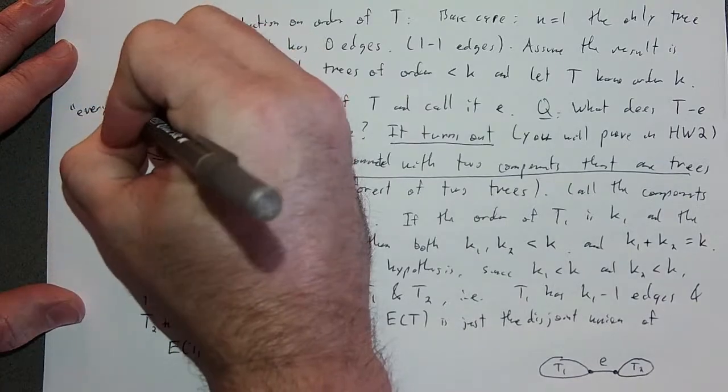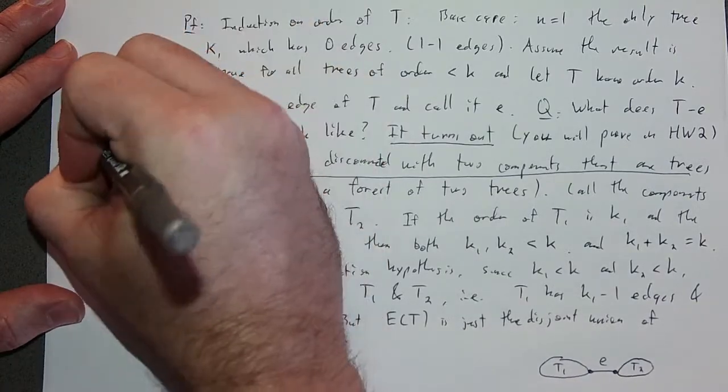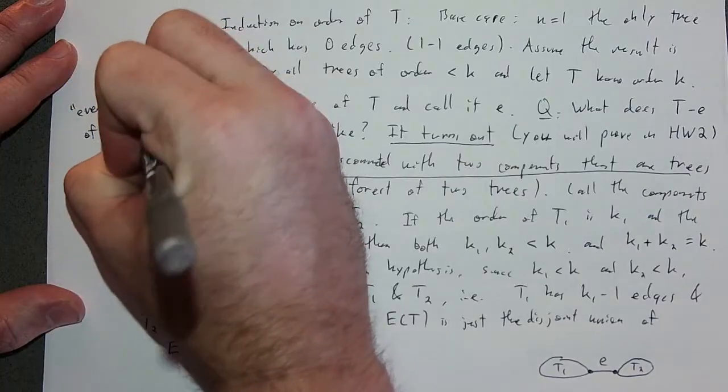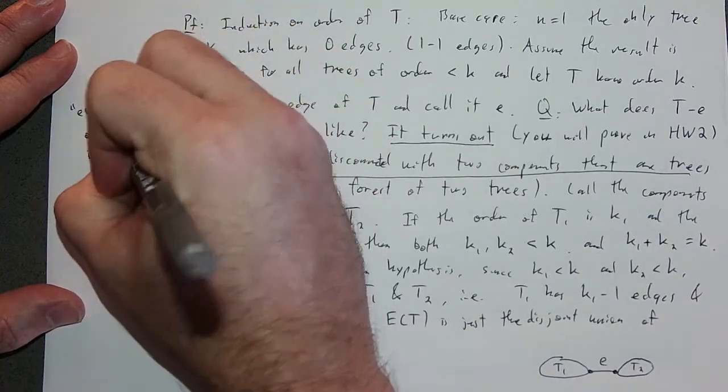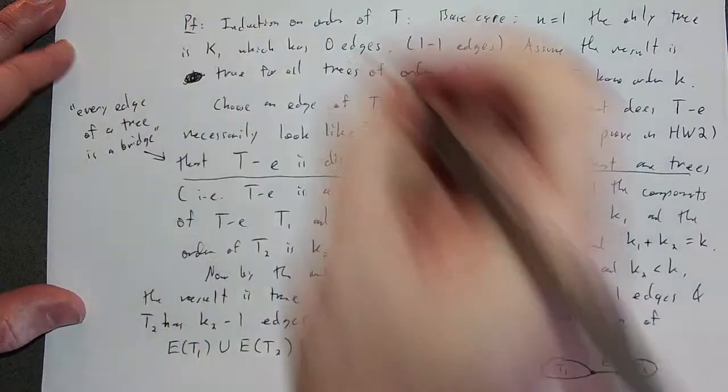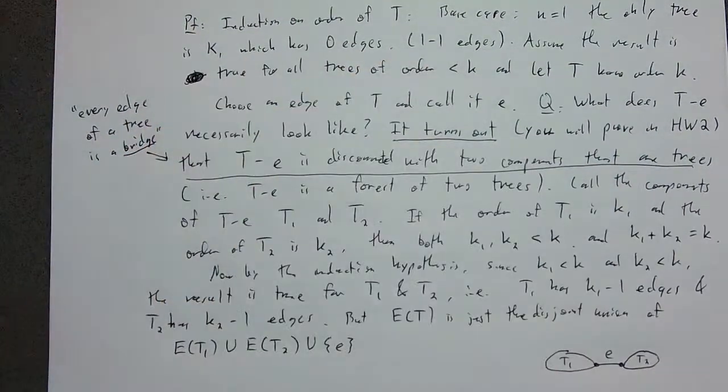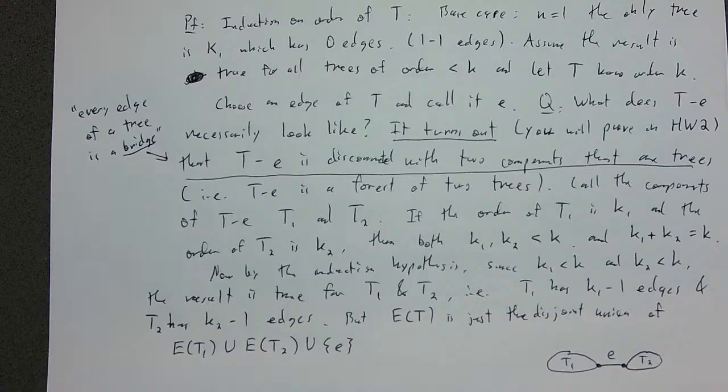And that's actually the statement you're going to prove. What is a bridge? You remember from our discussion of connectivity terminology last week? A bridge is an edge such that when you remove it via edge deletion, you increase the number of connected components. In this instance, removing that edge increased the number of connected components by 1. Instead of having a single tree, you now have 2 trees.